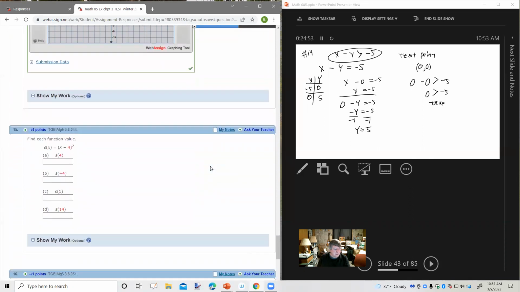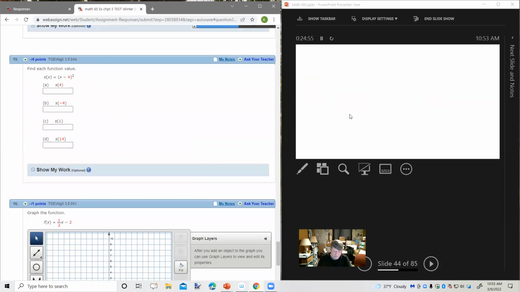Okay, and now we've got some function notation. Find each function value. S of x equals the quantity x minus 4 squared. So S of 4, you'd put 4 in the place of x, so you'd get that, which is that, which is that.